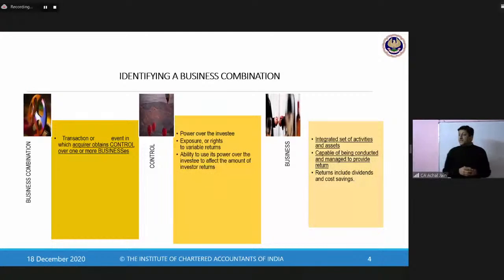So there are a couple of things which are the requirements, or you can say the criteria required to be fulfilled for us to establish that yes, it's a business combination for which accounting as per business combination should be done. Now we will begin with control and then we'll move on to business.